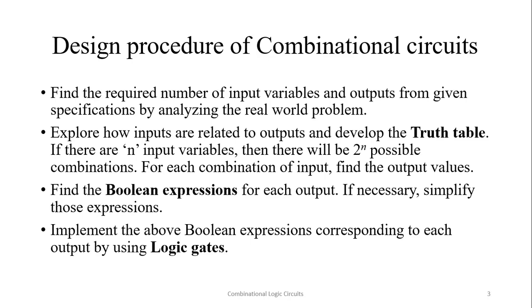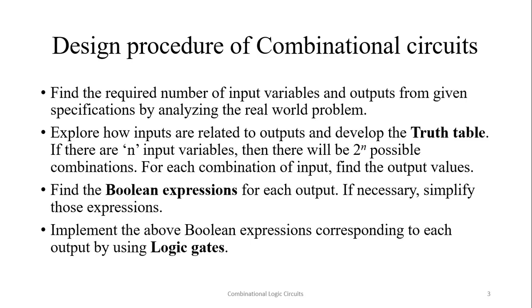Once we find the relation between inputs and outputs, we develop a truth table. If there are n input variables, there will be 2 raised to the power n possible combinations. For 2 inputs, we will have 4 possible combinations. For each combination of inputs, find the output values.